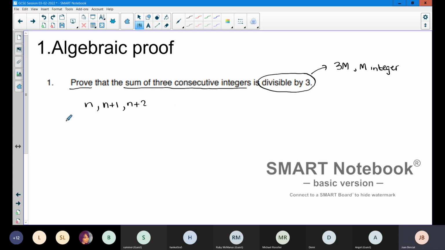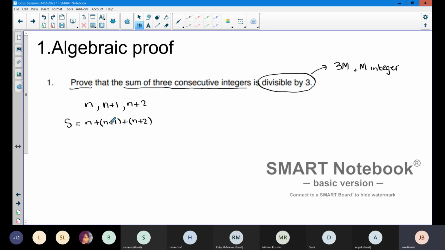So the sum of the three, we can call this S, will be the first plus the second plus the third. I'm going to give you some time now to see if you can simplify this expression.